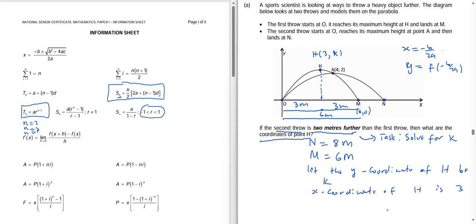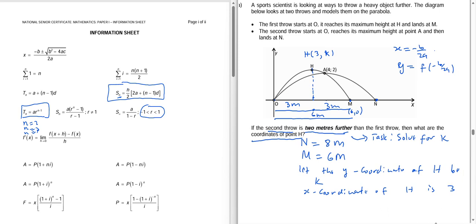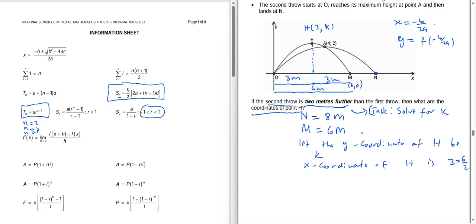That is what we have. And how you got your 3, you said 6 divided by 2 because of the symmetry. Now you are trying to give your solution as detailed as possible. But then here, remember, I was saying the task, I don't think it's necessary, because it's just what should be going on in your head. Now, how do we solve for this k?